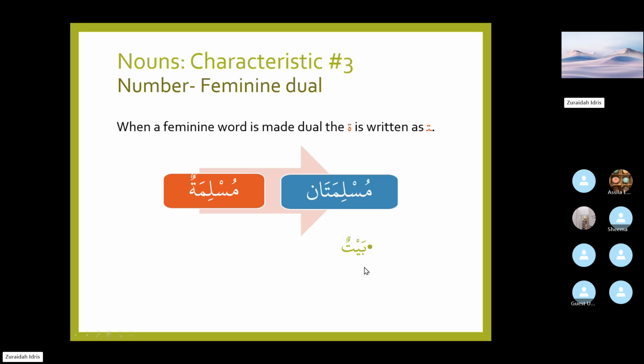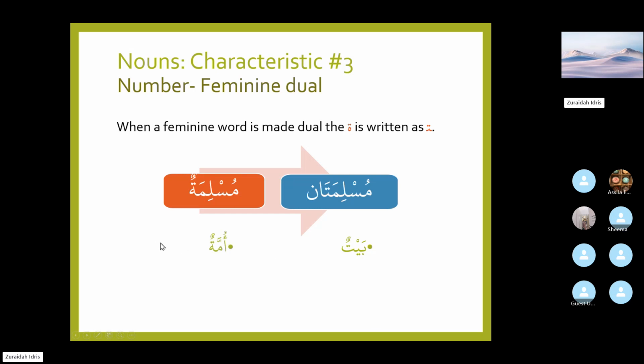Good. So if I want to say two houses, Sister Sophia, could you try and see how you would say two houses? Baitun. What was the rule again? I'm trying. I don't know if it's correct or not. Baitani, maybe. Yep, absolutely right.